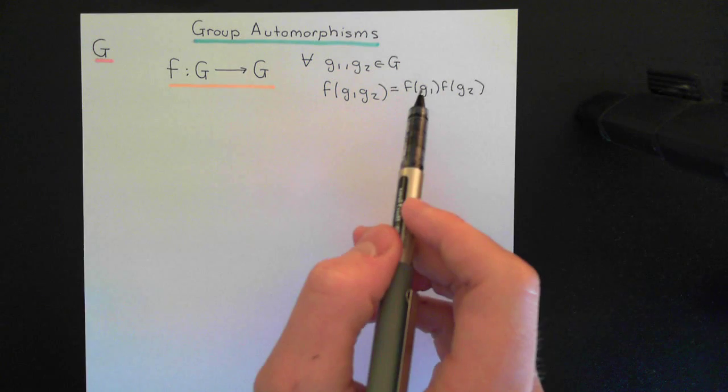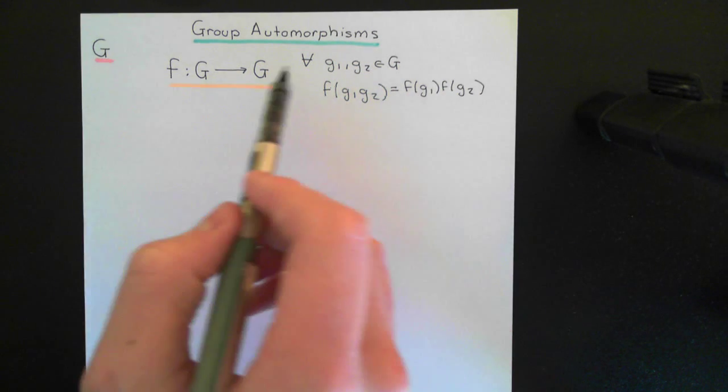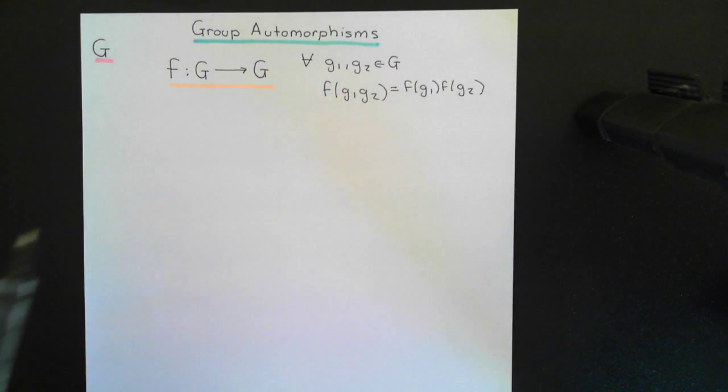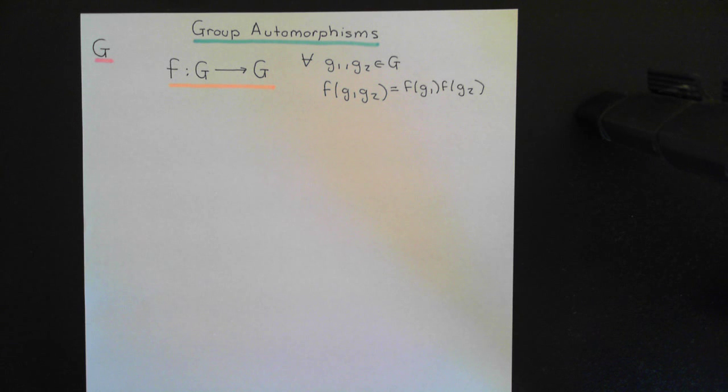Or you can first map both of them into the codomain and then compose them together in the codomain, and the answer will be the same. So mapping and composing are interchangeable with regards to the order in which you do them.